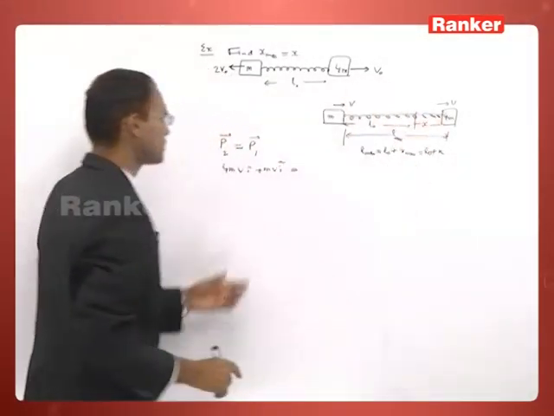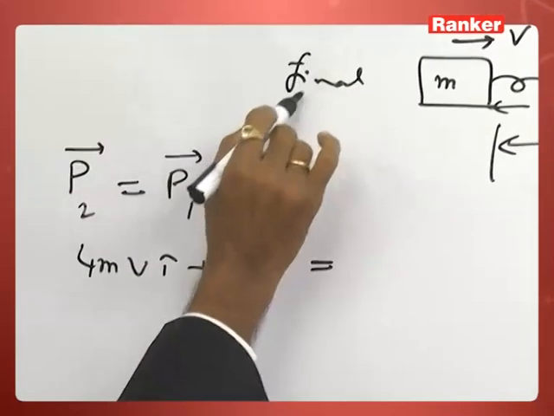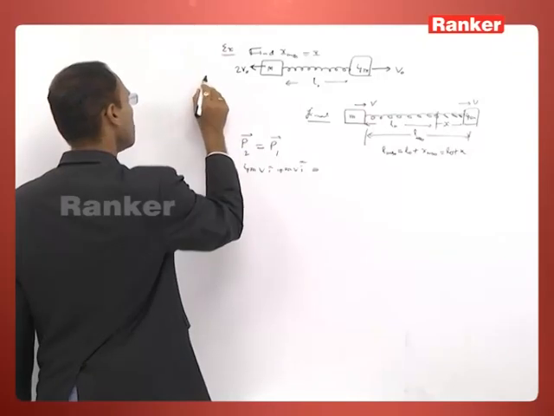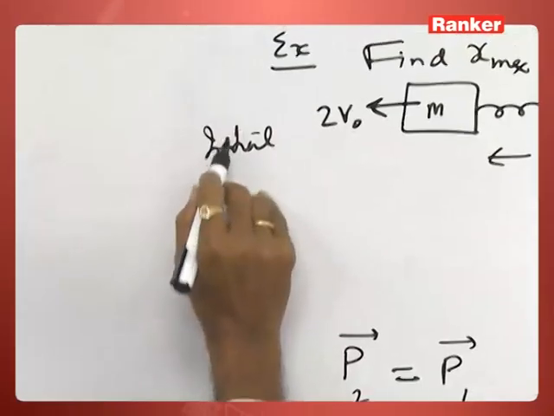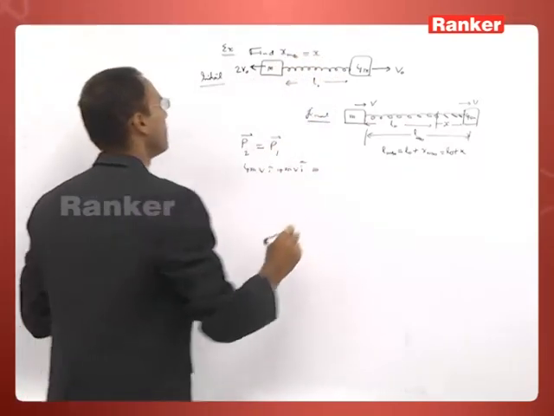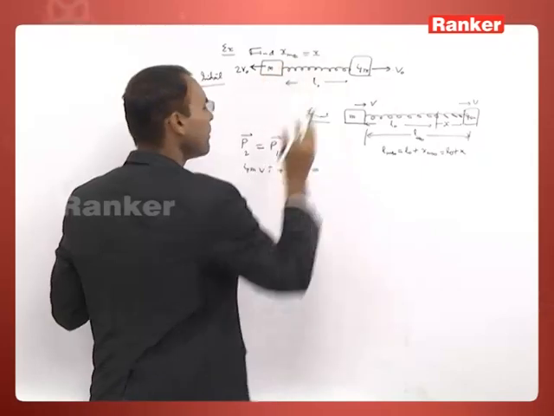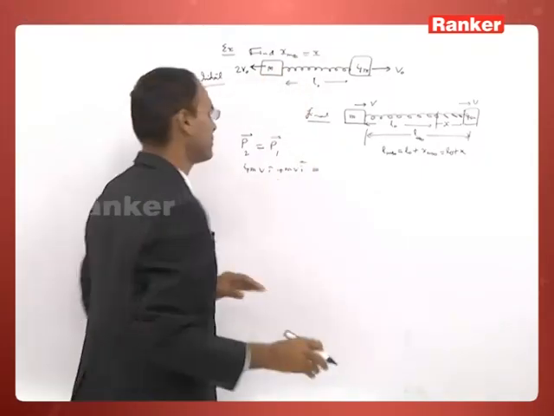That is the total momentum of the system in the final position. Now the total momentum of the system in the initial position can be found by taking their individual momenta and adding them up.